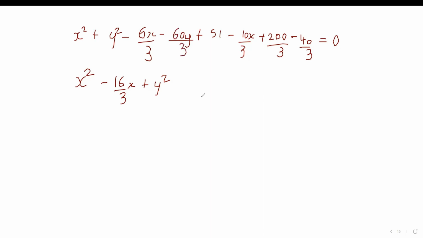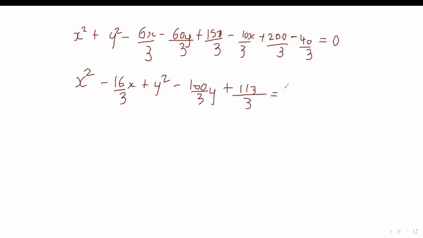So minus 60 minus 40 is minus 100y over 3. Then we can add our constants. This is 51 and this is 40 over 3. 51 is actually 153 over 3. So that would end up being 153 minus 40, that is plus 113 over 3 equals 0.